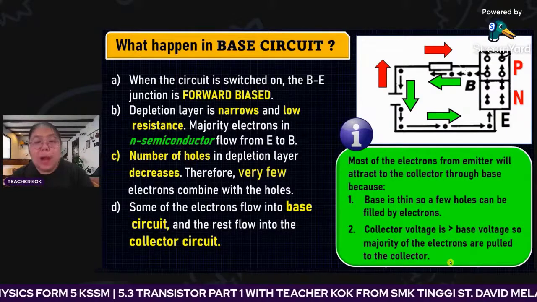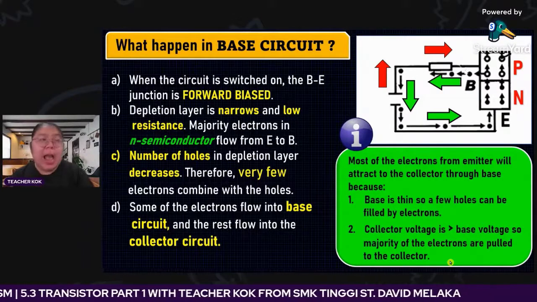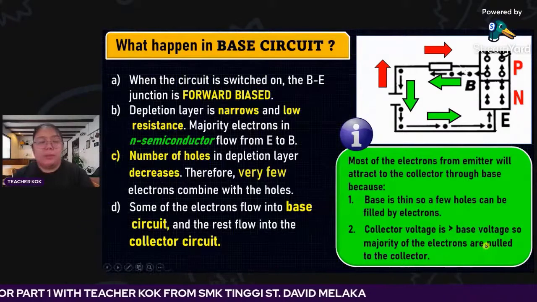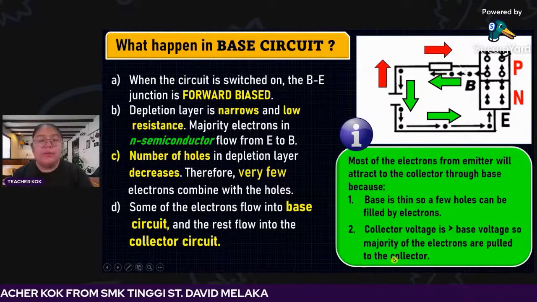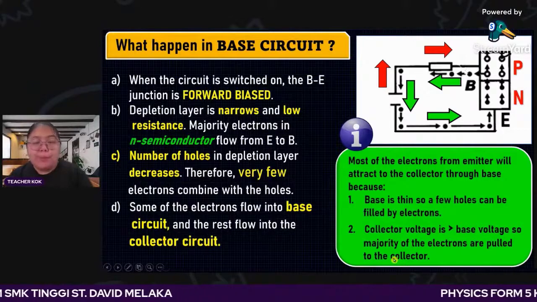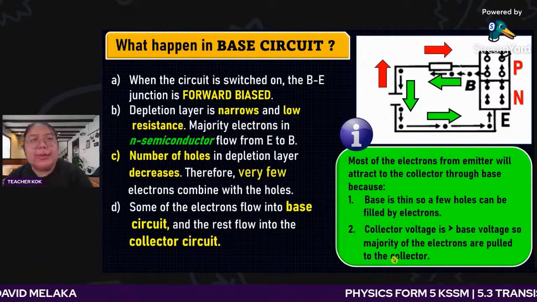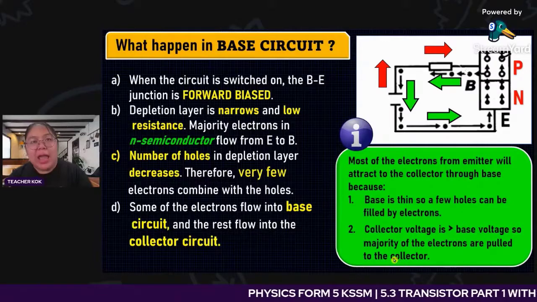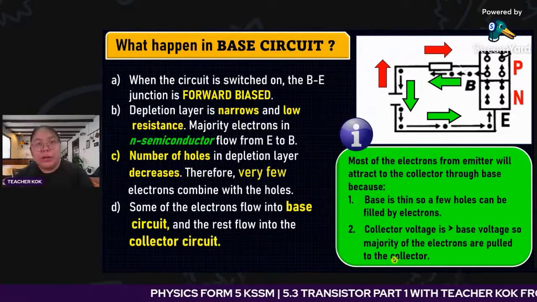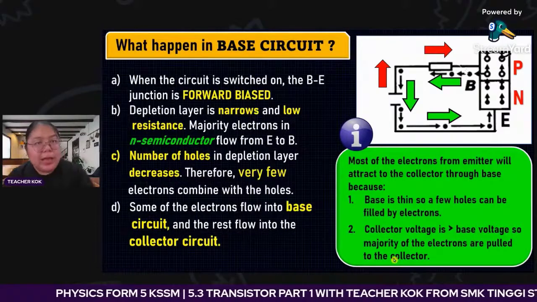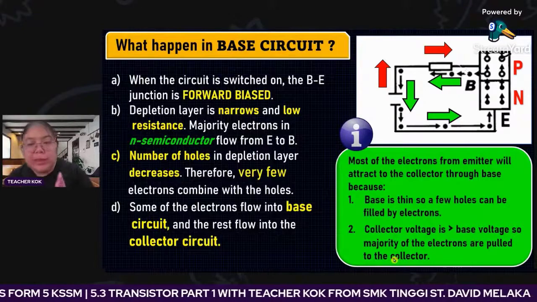So that means the power supply at the collector must be a bit higher compared to the base voltage. So the majority of the electrons are pulled to the collector. Because just now the N-type was not enough, now your extra electrons jump to the N-type. Now the N-type is full of electrons.